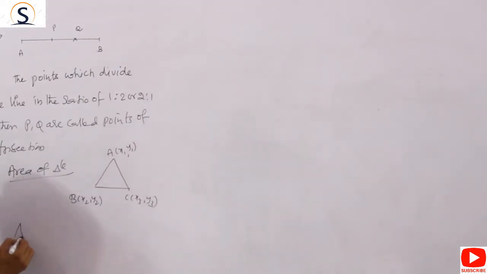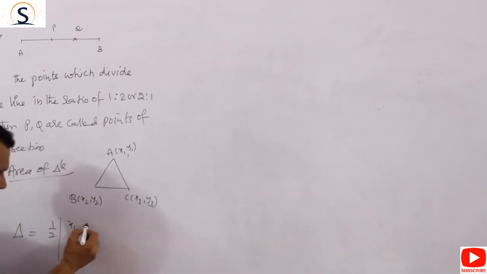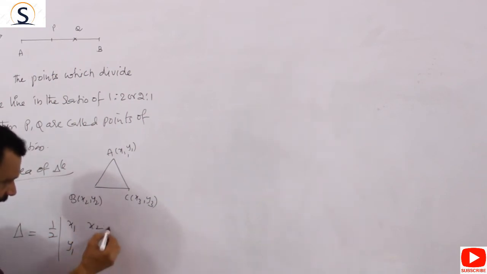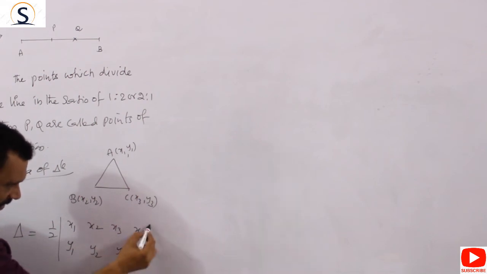Then the triangle area is denoted by delta. Delta is equal to half of the determinant. You take the point coordinates column-wise: x1, y1, x2, y2, x3, y3, x1, y1.